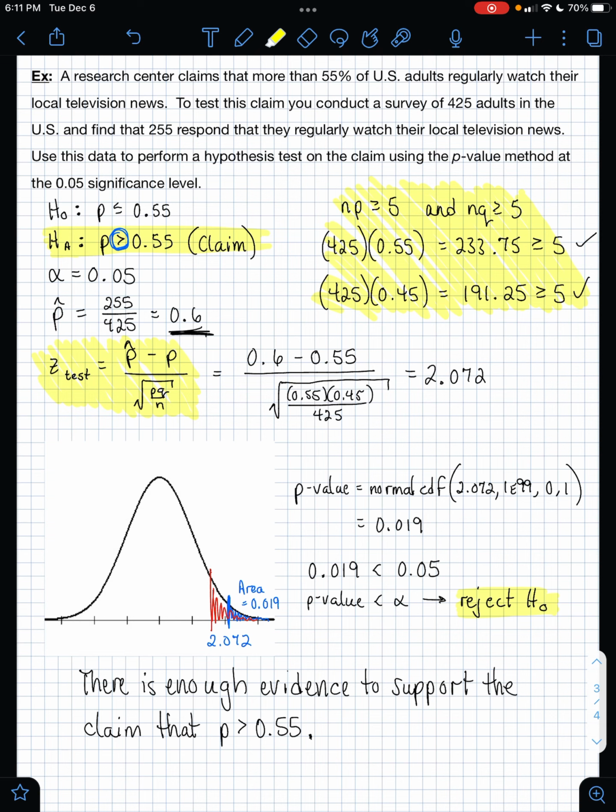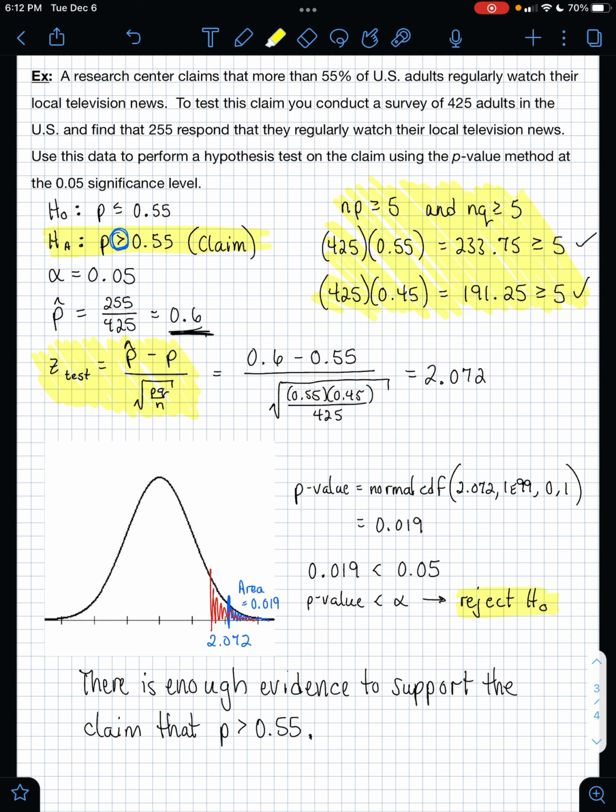So these are our new things. The z-test, the test statistic formula is a little different than it was for the claim about the mean. And we also have these requirements: n times p is greater than or equal to 5, and n times q is greater than or equal to 5. But aside from those two things, the rest of this is the same.